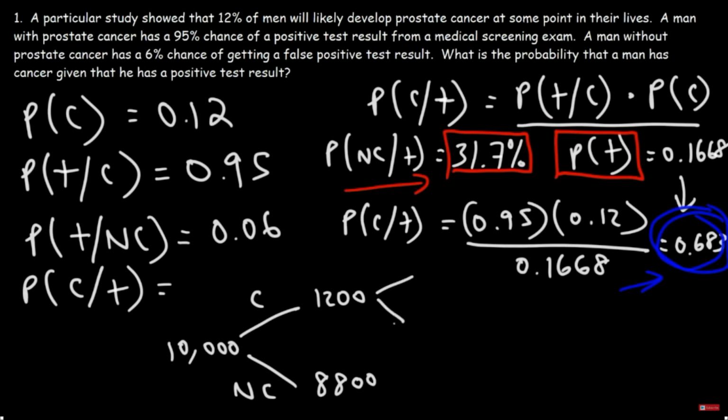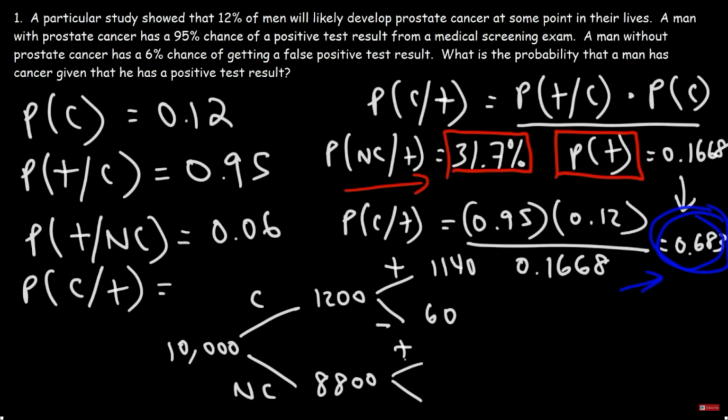Now, of those who do have cancer, we know that 95% of them will get a positive test result. So 95% of 1,200, or 1,200 times 0.95, that's 1140. So the other 5%, that's 1,200 times 0.05, will get a negative test result. And so that's 60. Now, of those who do not have cancer, we know that 6% of that population will get a positive test result.